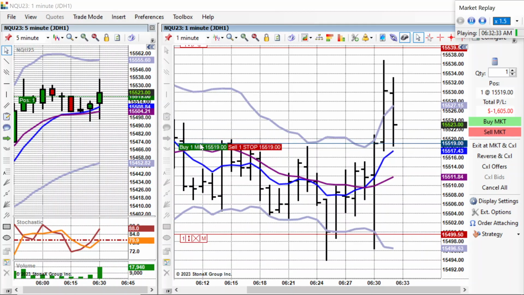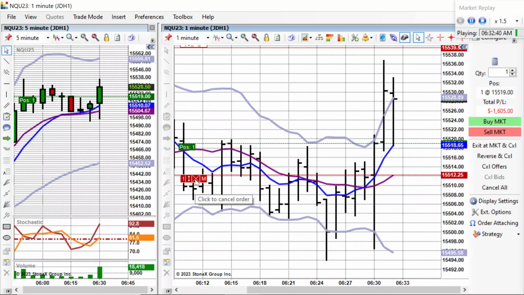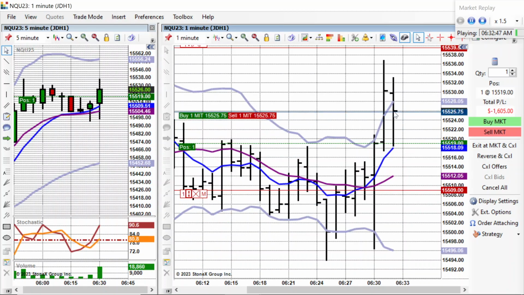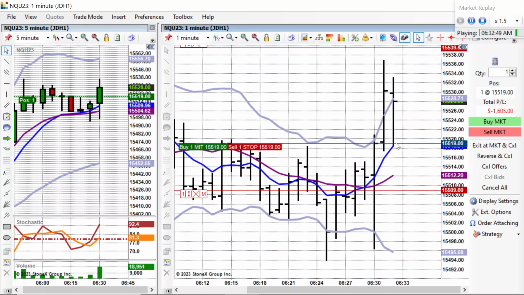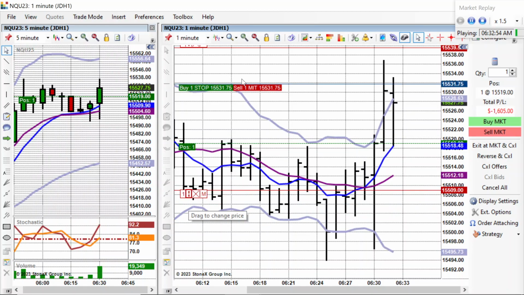It's in the trade, but these orders down here are actually resting in the market, and I can move them because they're not executed yet. So this will be my stop loss. And what I'm going to try to do here, when I get this new bar moving through the close of this bar, I'm going to try to move this stop loss to break even. And that'll cover my cost.